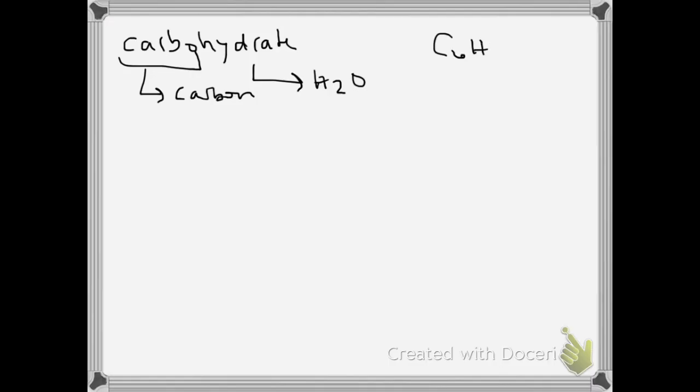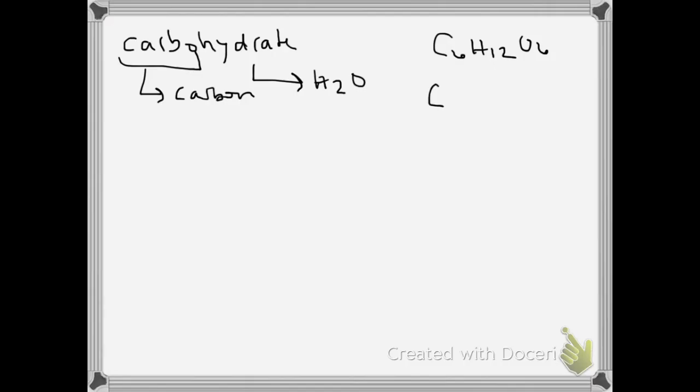Let's split up this word. Carbo refers to carbon. Hydrate refers to water. So when you look at the structure of, let's say, glucose, C6H12O6, you can see that it follows a certain pattern.